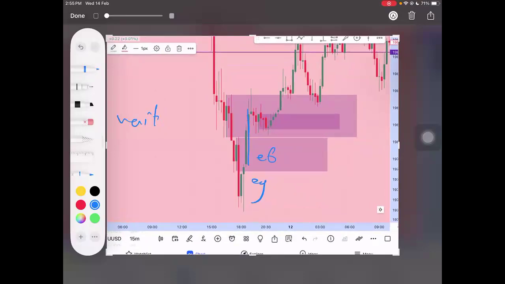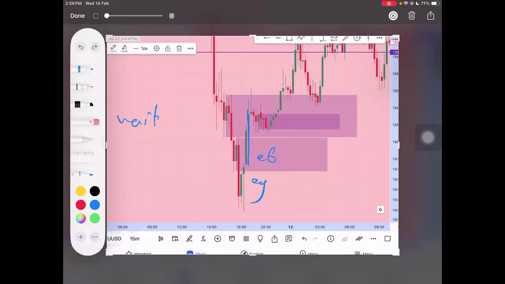Then you wait for EG. Oh, so you need the EG and EF to form, and then you just take the next EG. Yes. Now, does it matter if the EG forms in the EF or below the EF? It doesn't matter.